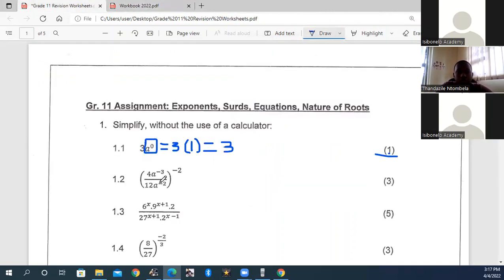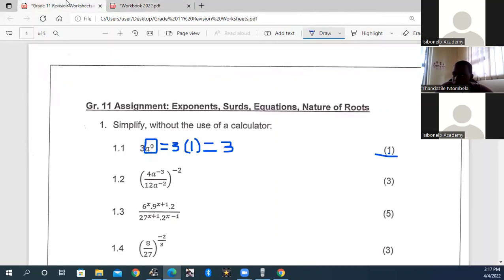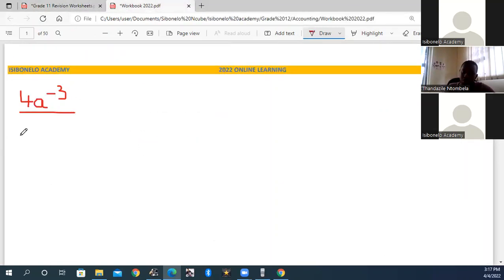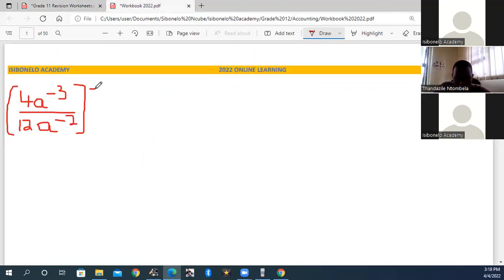Okay, so isibalo sethu sithi 4a exponent negative 3 all over 12a exponent negative 2, then sibe nama brackets amakhulu, and then ngaphandle sino exponent negative 2. Sisho kanjani isibalo sethu?